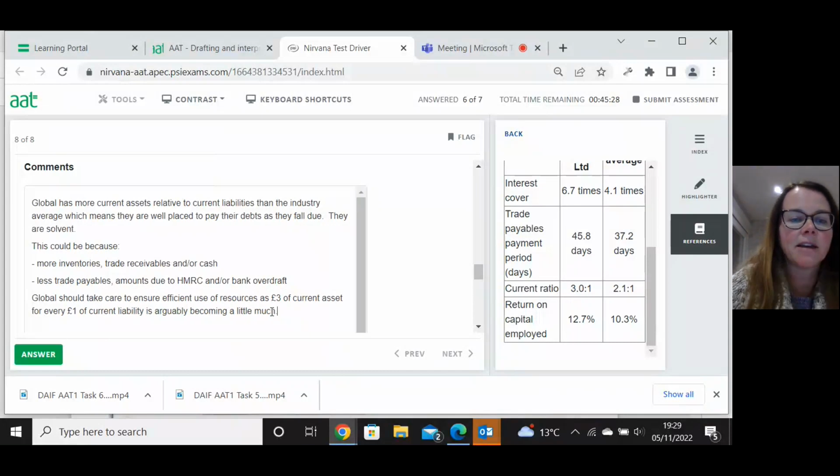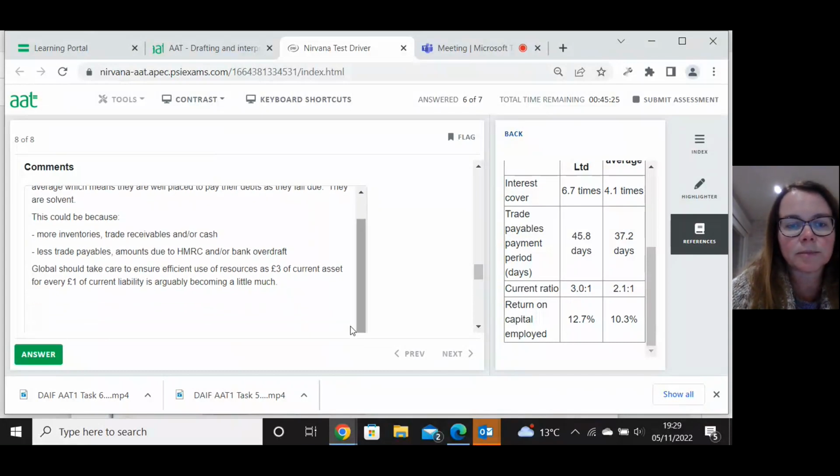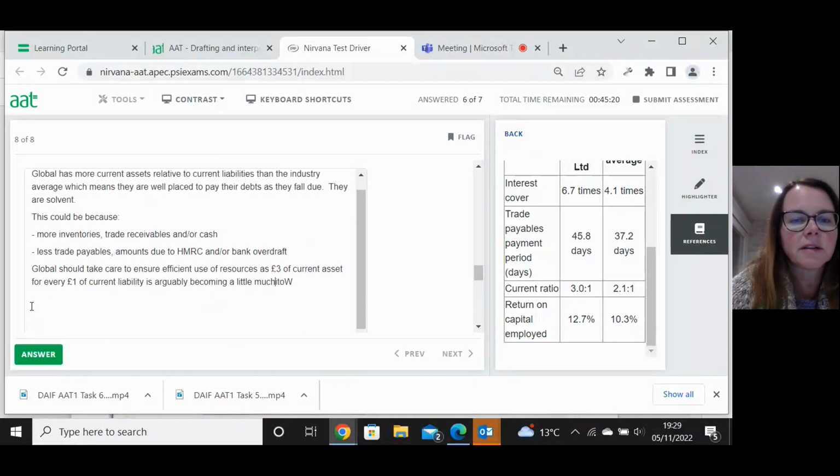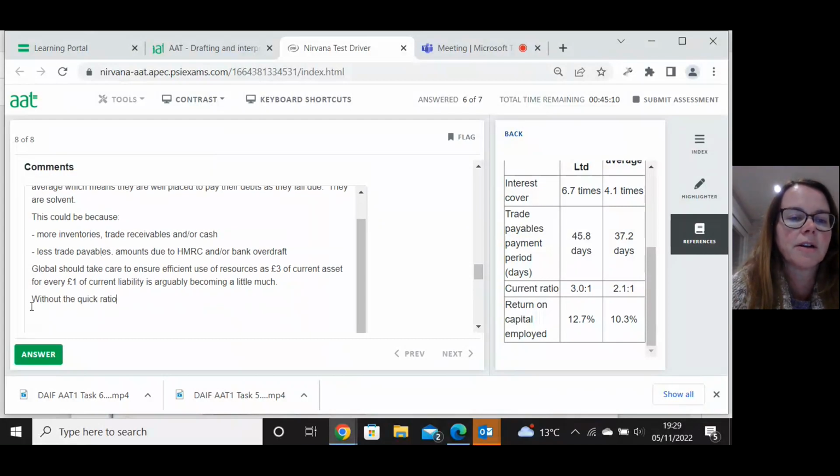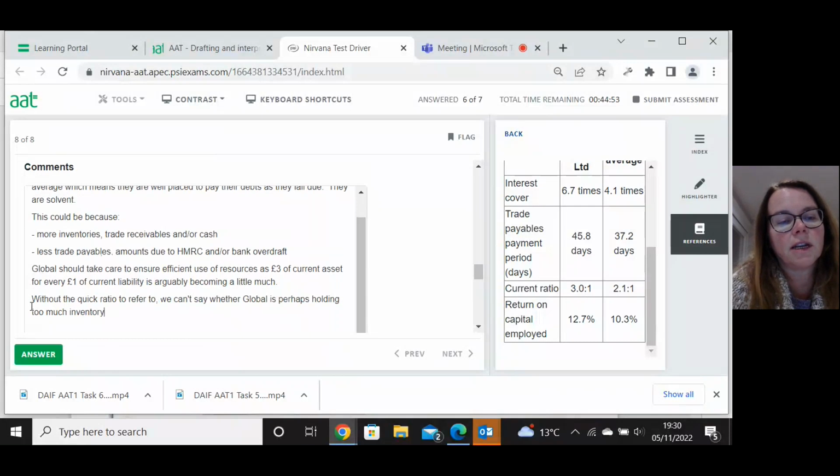We could add that, and we could say, without the quick ratio to refer to, we can't say whether Global is perhaps holding too much inventory.